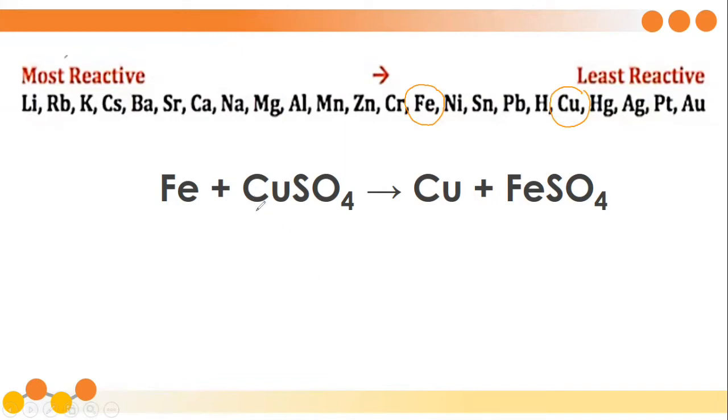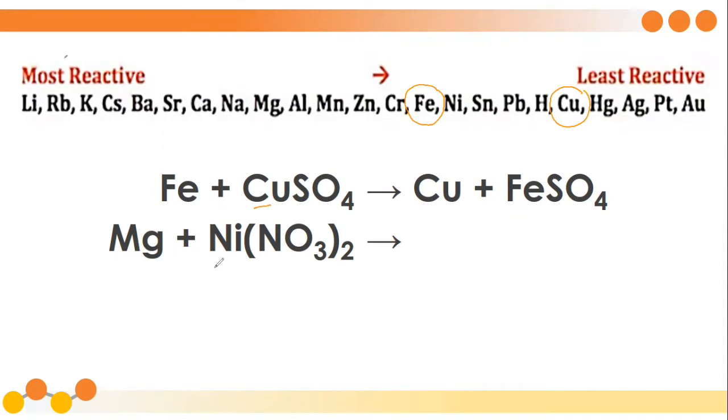So since in our reactant side, sulfate is bonded with copper, upon interacting with iron, since iron is more reactive than copper, it can replace copper in the compound, thus making it an iron sulfate. Again, lesser reactive elements will be replaced by more reactive ones.